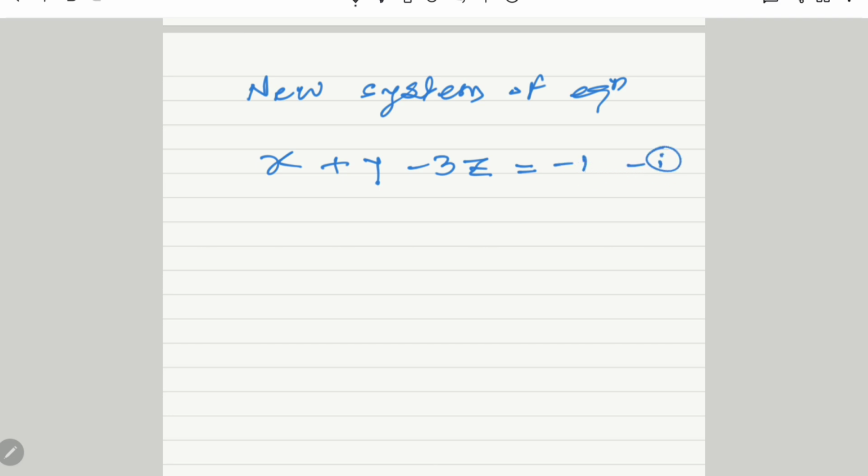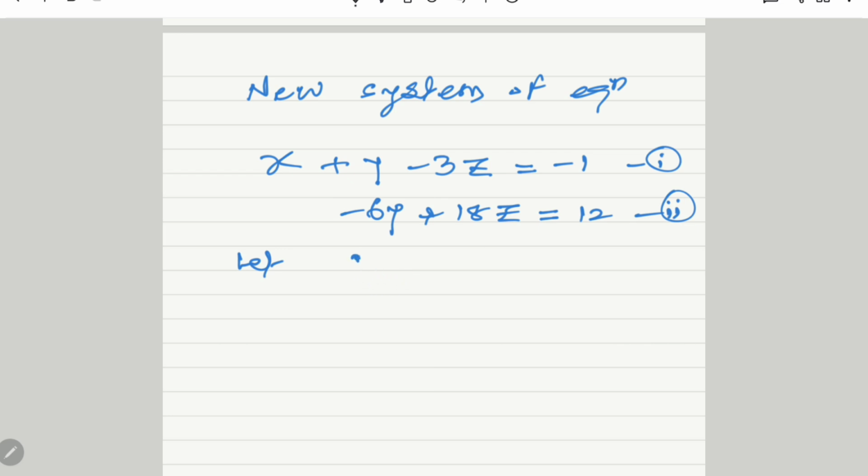We call this equation 1. And second equation is minus 6y plus 18z is equals to 12. Second equation. And therefore, here we have only two equations. Last equation is containing two unknowns, y and z. Therefore, let consider any one of them as k, as we require to find infinite number of solutions.